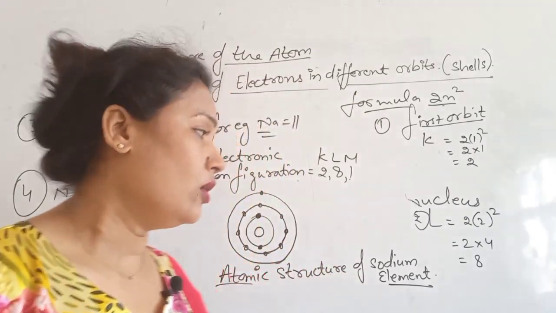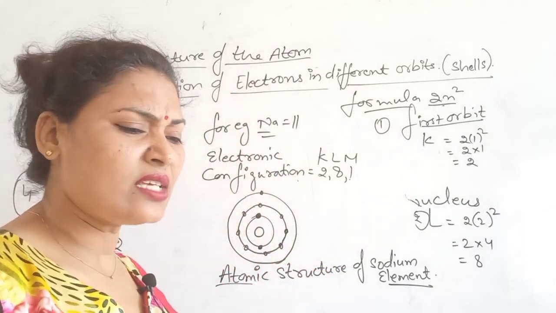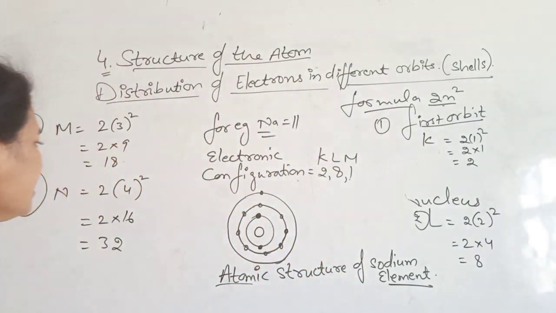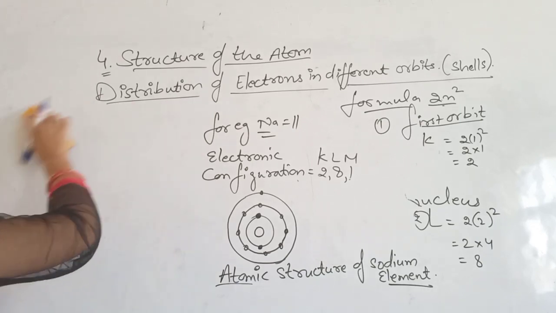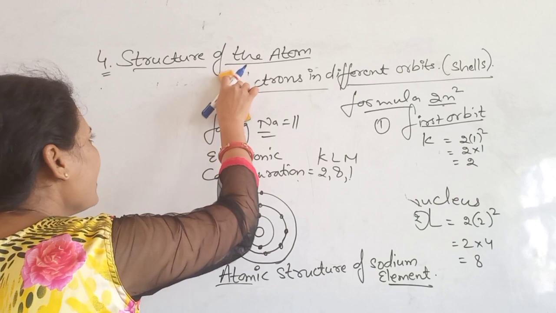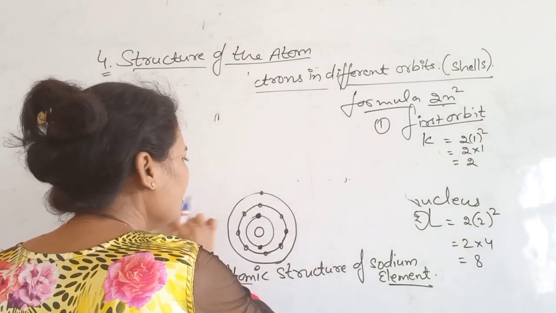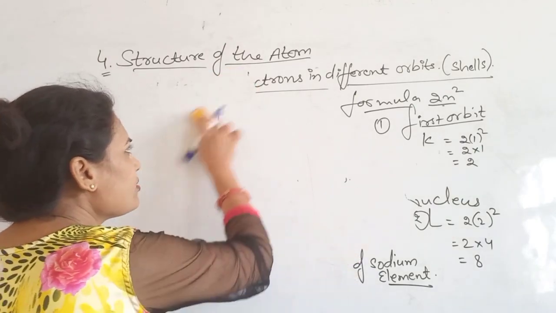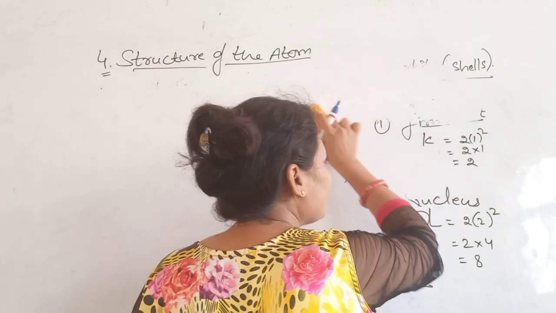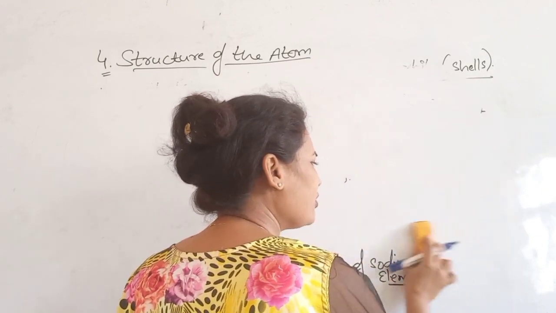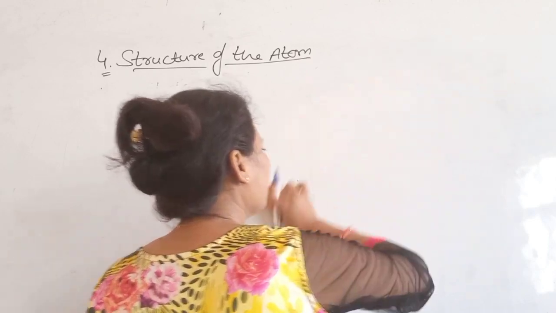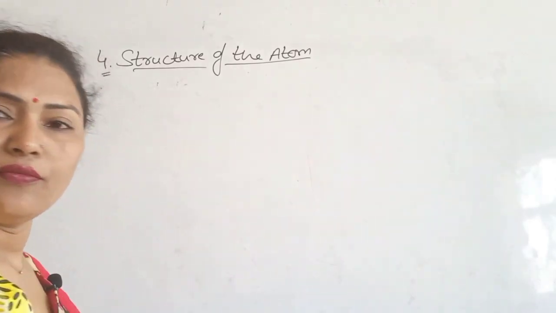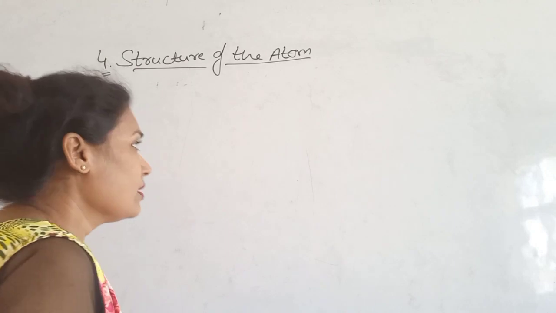Okay. Now next we can take another topic, that is valency. You know what is valency? Combining capacity of the element is known as valency. Or how many electrons are lost or gained by the atom, that is the valency of that specific element.